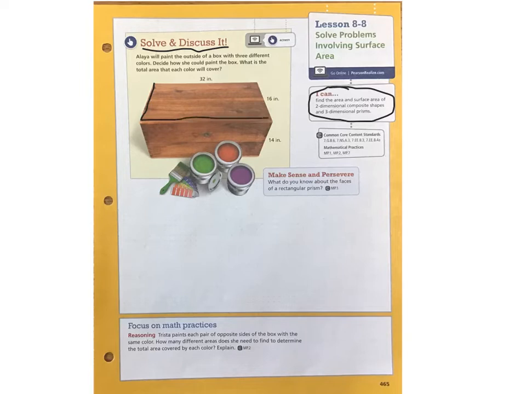The top and the bottom of the prism are identical, and they have dimensions 32 inches by 16 inches. Then we have the left and the right side, which you can't see in the picture.